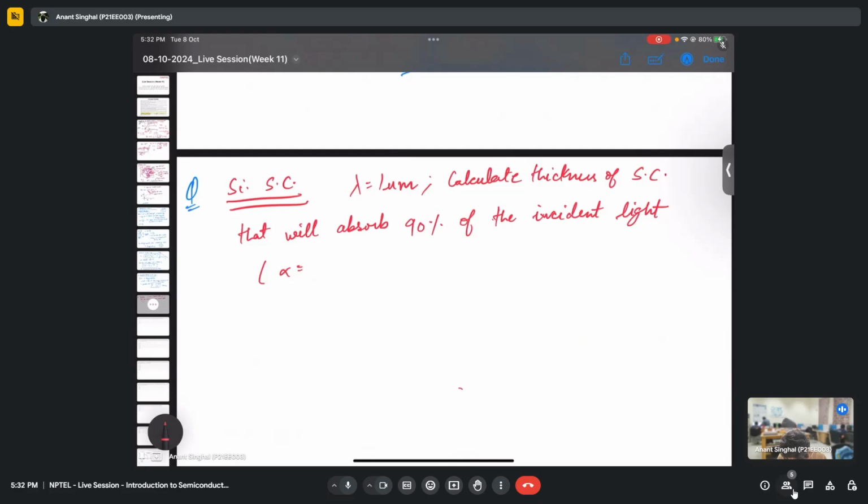And alpha I am giving you as 10 raised to 2 per centimeter. Do you want to try it, or should I directly solve it? Kindly let me know if you want to try it. We'll try it, sir. Okay, then go ahead. Maybe you can take 2 minutes. This is very easy. If you have understood the concept of absorption and emission, then you'll be able to do it. So maybe take 2 to 3 minutes and let me know the answer.